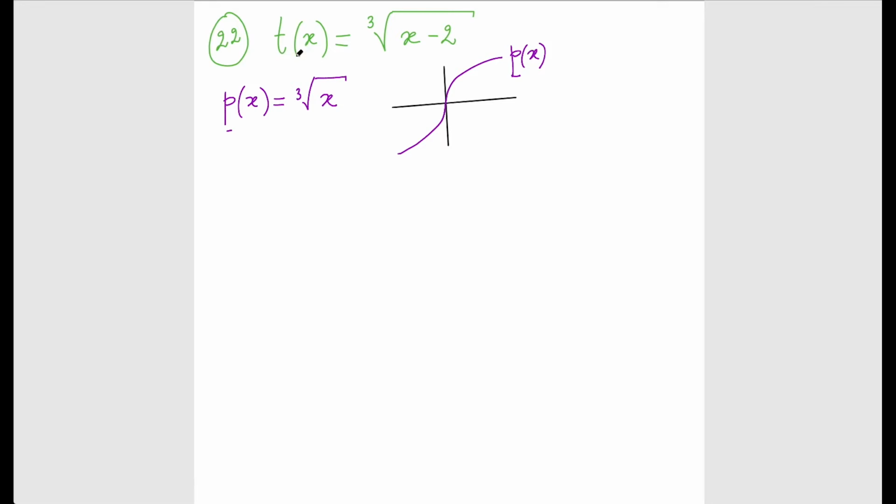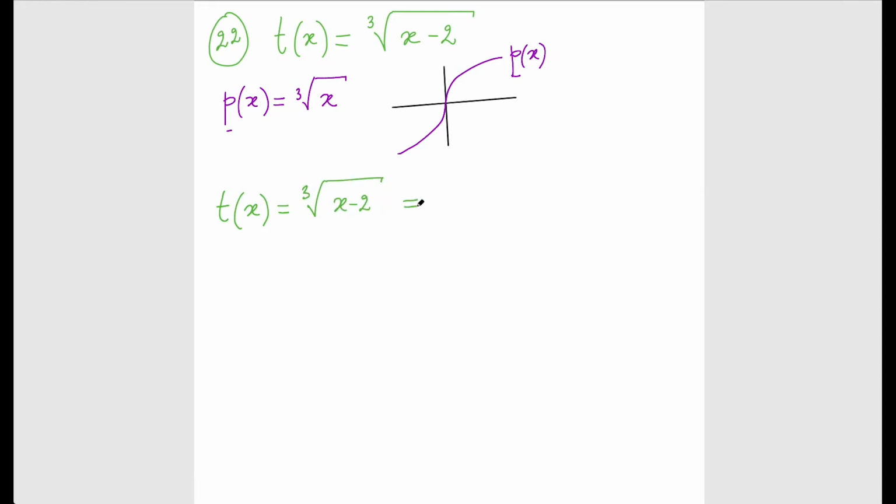Now I would like to find T of x. I want to find it algebraically before I conclude geometrically. Okay? If you see it immediately, great, but what if you don't? So how can I connect T of x to P algebraically? Well, T of x is that third root of x minus 2, correct?